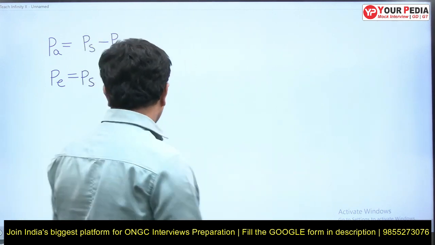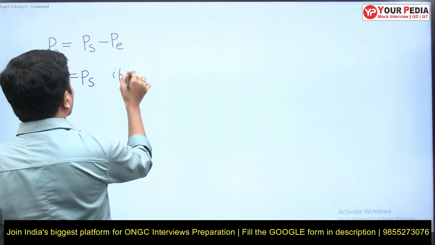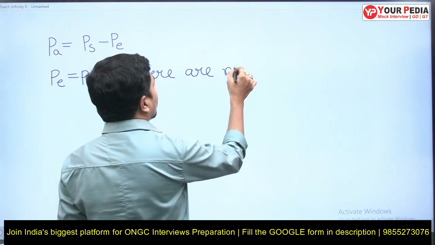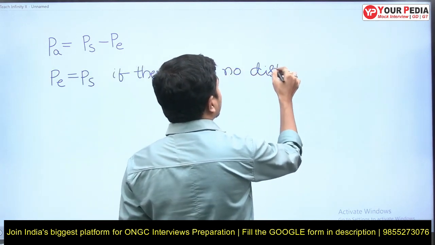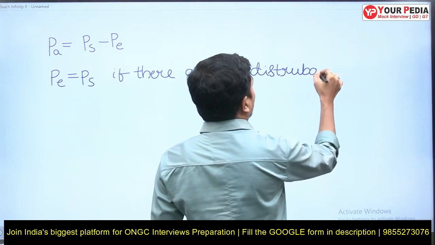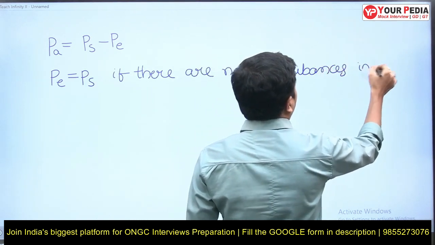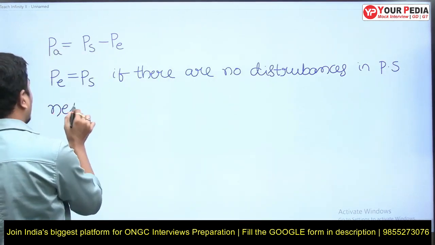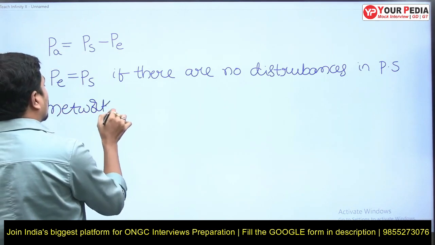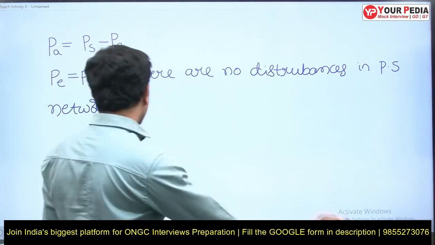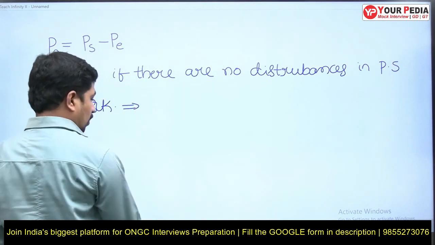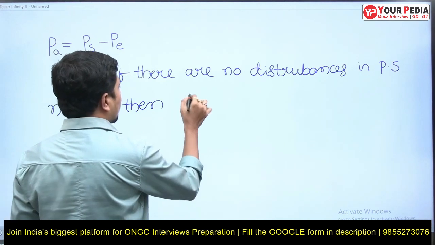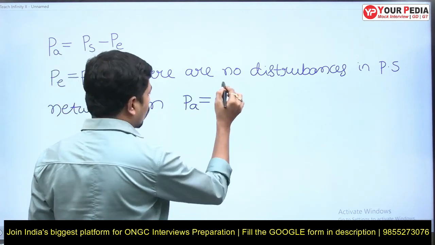PS is equal to PE if there are no disturbances in the power system network. Then what is PA? Acceleration power PA is equal to 0.